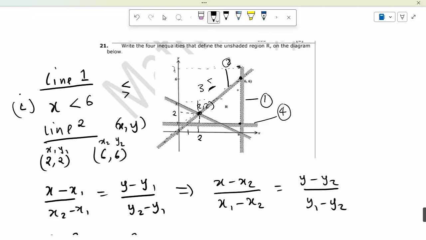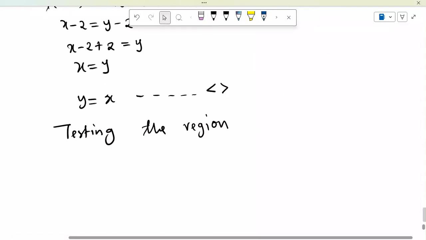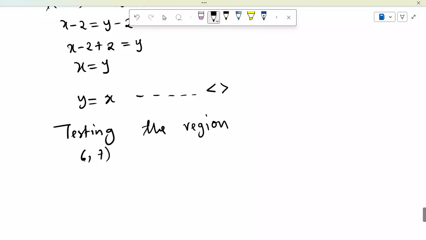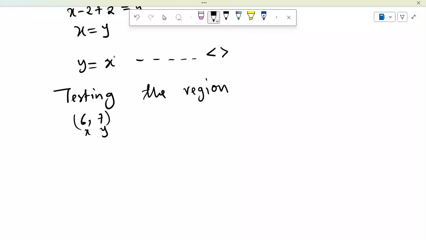So we have 6 comma 7 outside. I've picked 6 comma 7. We know this is x, this is y. So we'll put these coordinates in this equation here. We want to test this, so we'll remove the equal sign now.